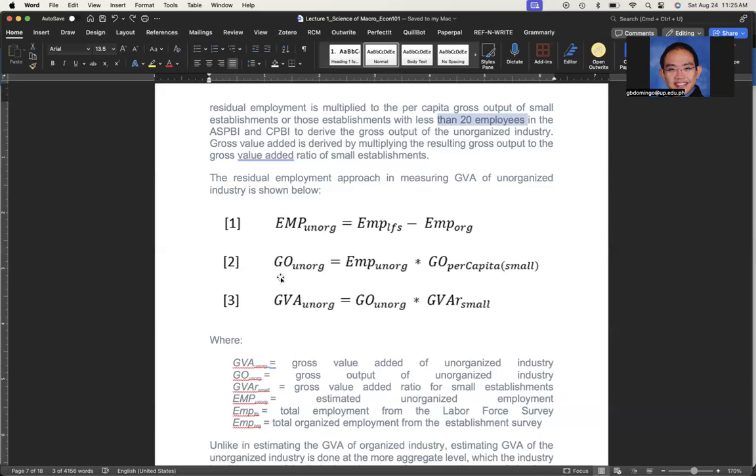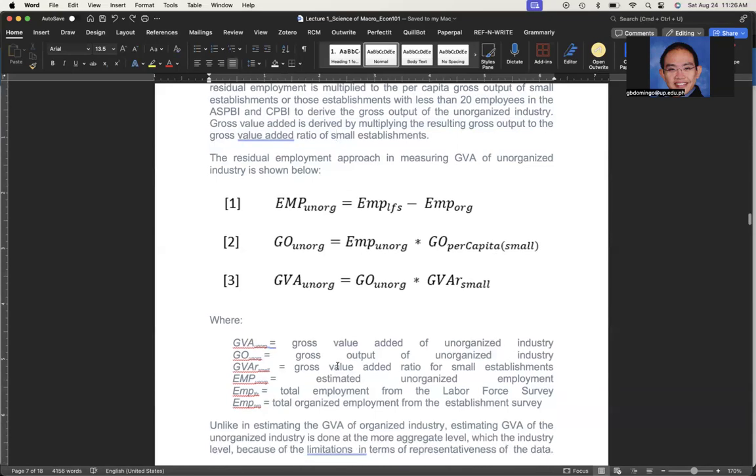Right? And then finally, from GO unorganized, how do you get GVA unorganized? You get GO unorganized times GVA R small. So what's that? Gross value added is derived by multiplying the resulting gross output by the gross value added ratio of small establishments.